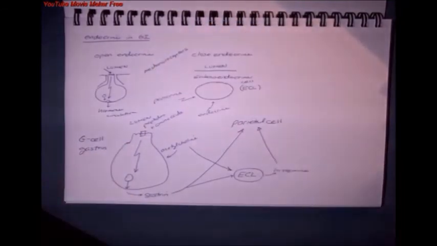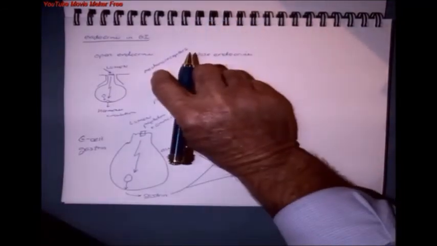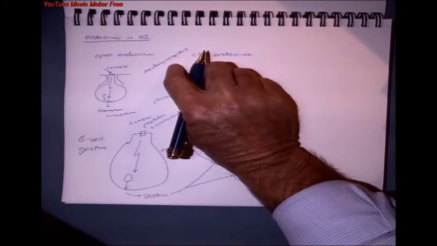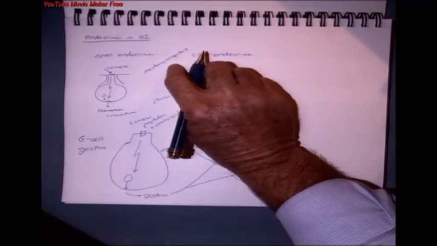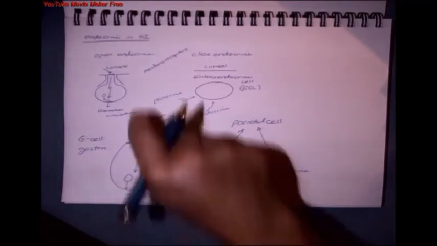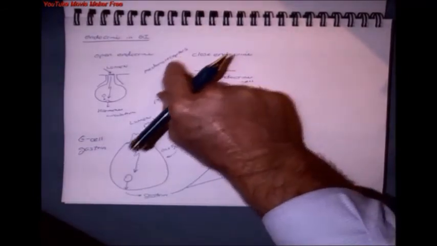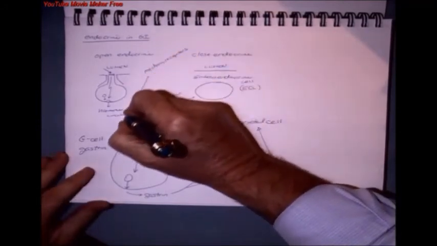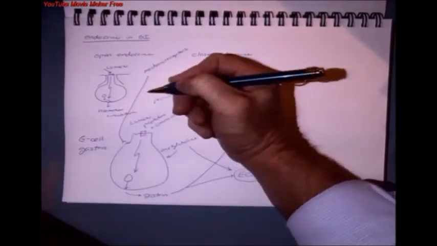And these mechanoreceptors, of course, are located on the gastric wall. Mechanoreceptors are simply going to be measuring the extent of our Thanksgiving dinner. As that stomach starts to expand and stretch, there are stretch receptors that will send an impulse to the G cell.